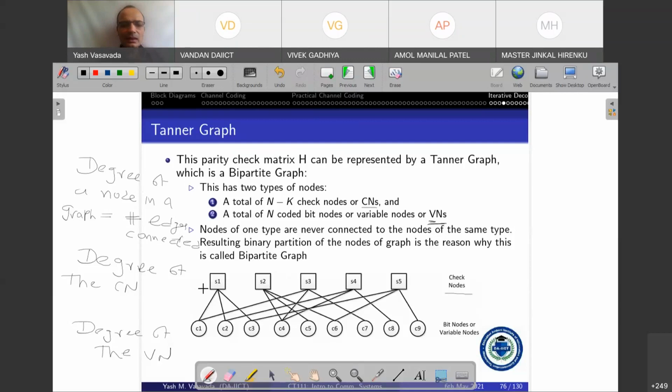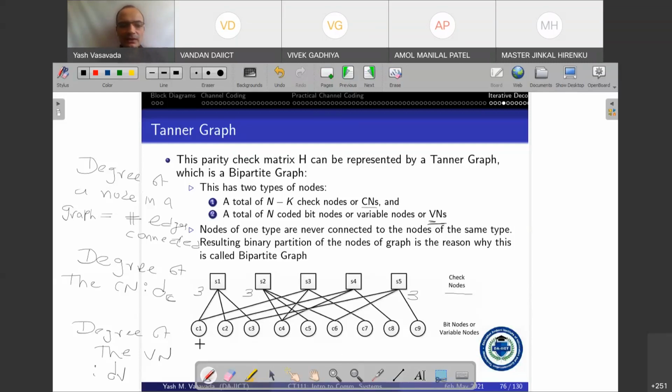So this S1 has obviously degree 3. S2 also has degree 3. In fact, all of these have degree 3. And the degree of CN, we are going to denote for simplicity as d of C. And the degree of the VN, we are going to denote as d of V. D of V is different here, right?